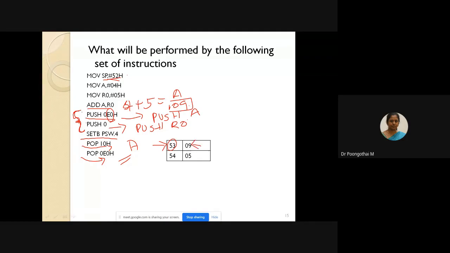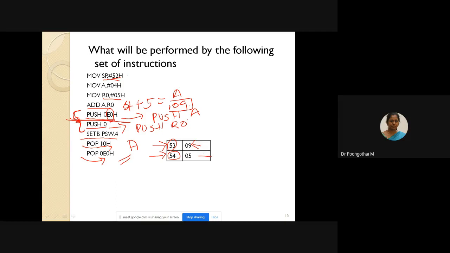Is that clear? Up to this, push E0. And what is that push 0? R0 holds 05. So the value is incremented during the execution of the push instruction and pointing to 54.